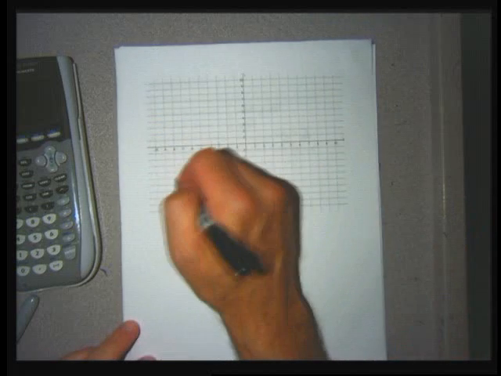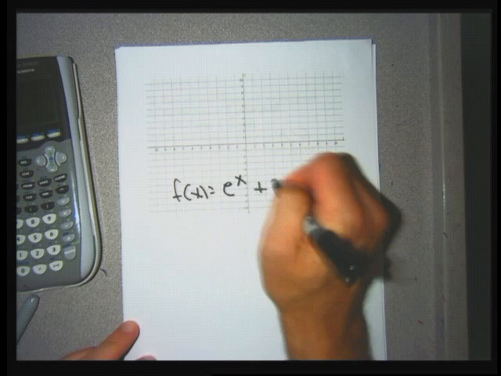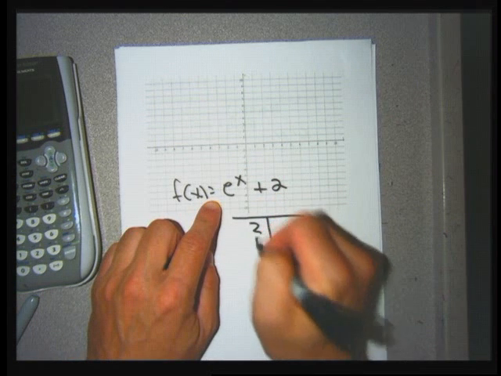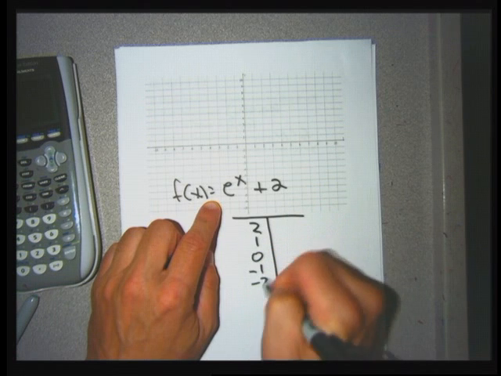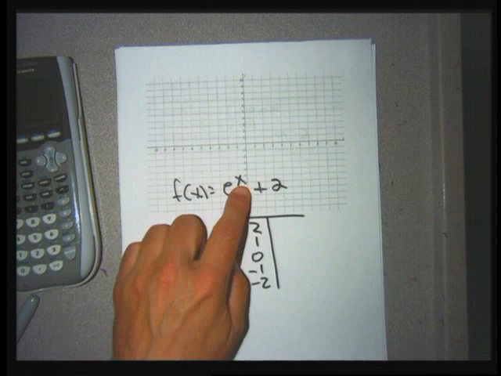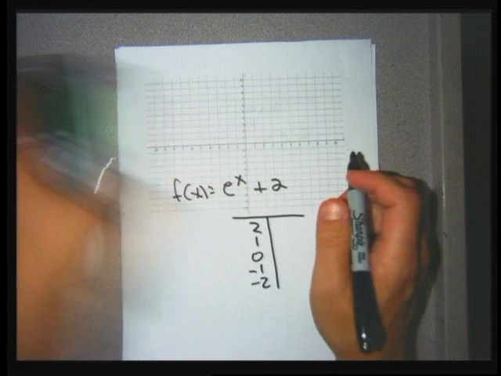So when I graph f of x equals e to the x plus 2, the table of values I'm using is still 2, 1, 0, negative 1, and negative 2. The reason I'm using that table still is because the plus 2 isn't in the exponent. So now I'm going to get the y's. I'm going to cheat to get my y's.